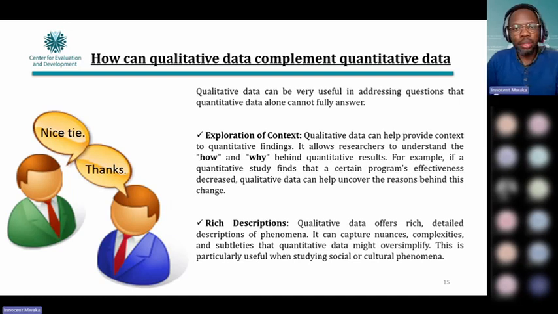So maybe just to rush a little bit. How can qualitative data complement quantitative? Again, here we will see in our case study more, and let's say there are various ways this can be, which cannot be exhaustively explained here in this presentation.